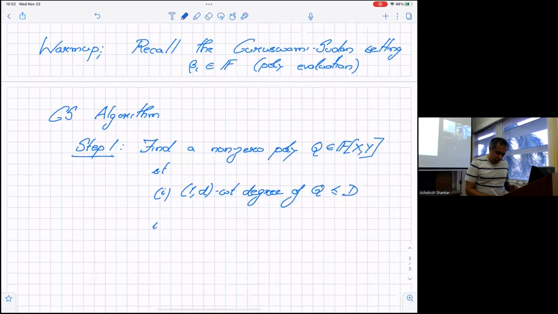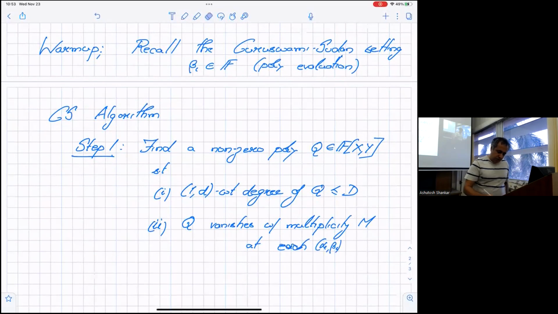We wanted a not too large a degree polynomial that had this property, and the fact that Q vanishes with multiplicity M at each alpha I, beta I, for all I. And capital N and capital D are two parameters which were chosen by the algorithm.